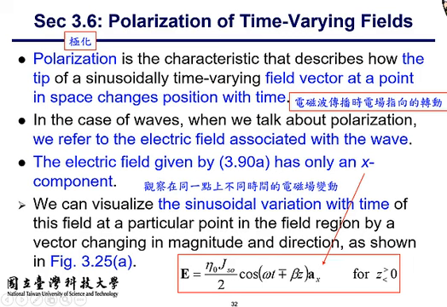So this kind of polarization is referred to as elliptical polarization, 椭圆极化. A special case of elliptical polarization is the so-called circular polarization, 圆极化. And another special case of elliptical polarization is linear polarization.